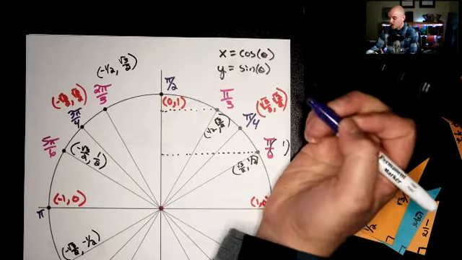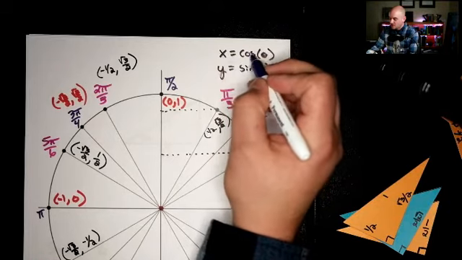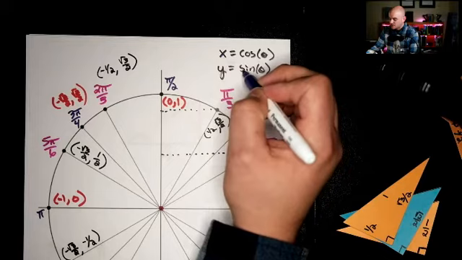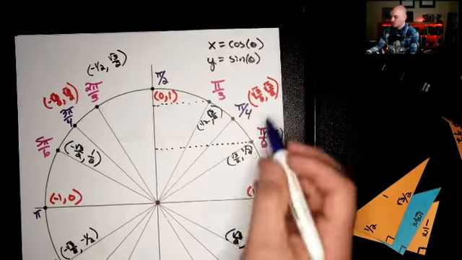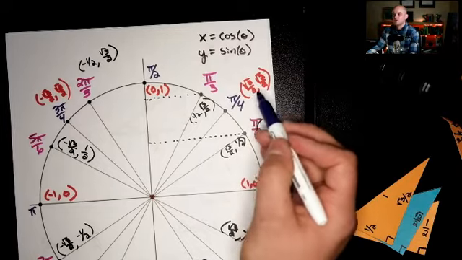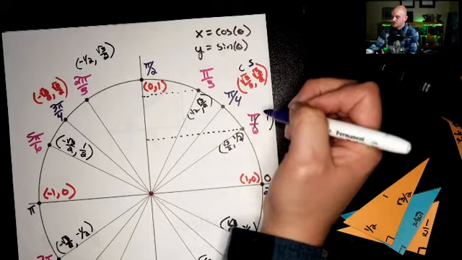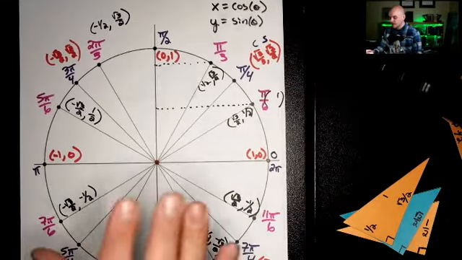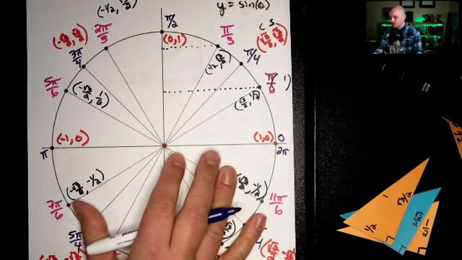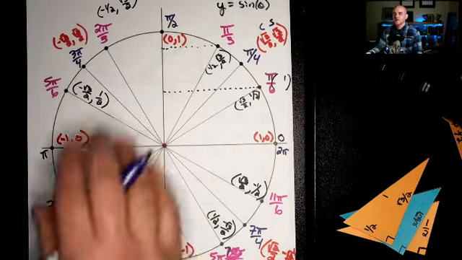X comes before Y, and C comes before S. So know that X always pairs with cosine and Y always pairs with sine because of the alphabet. That helps some students remember which is which when they look at these ordered pairs: put them in alphabetical order, so cosine and then sine, just like X and Y. Okay? So hopefully that clears up why we learned this. It's so I can quickly tell you what the sine and cosine of all these different angles are.